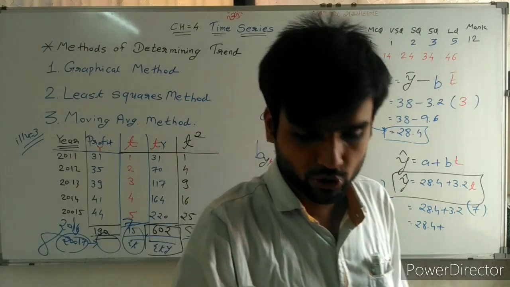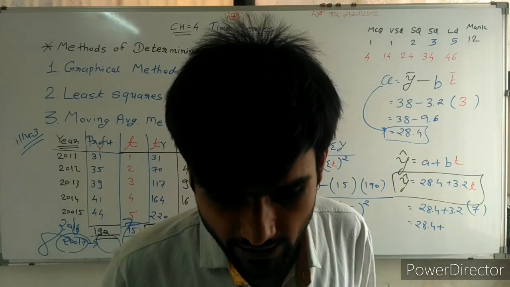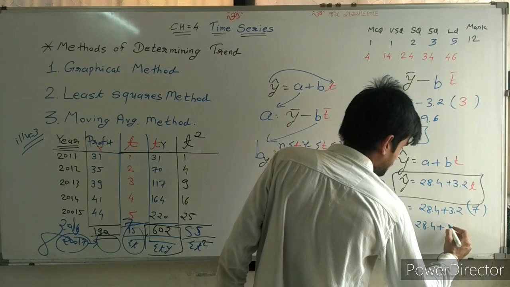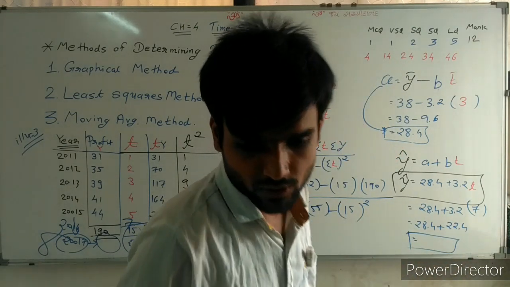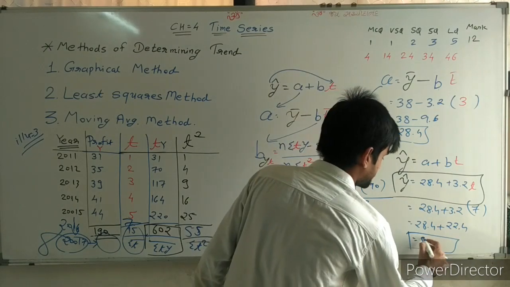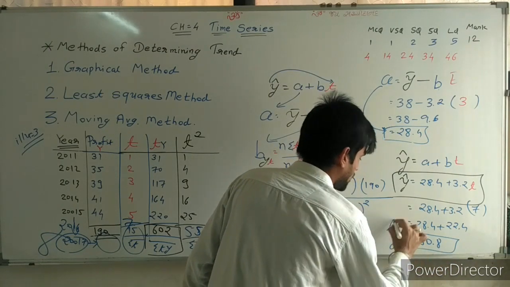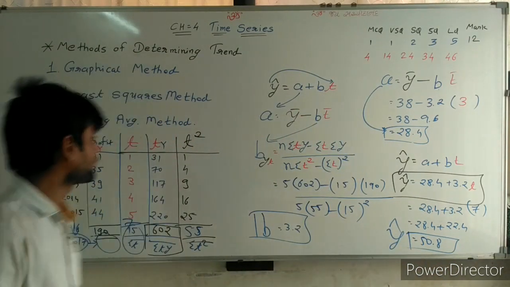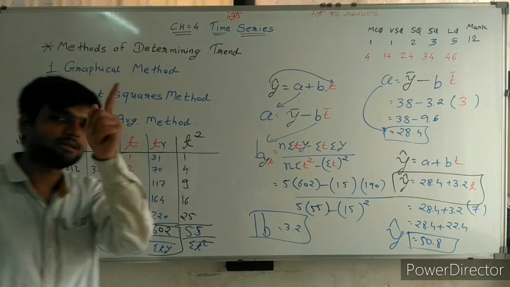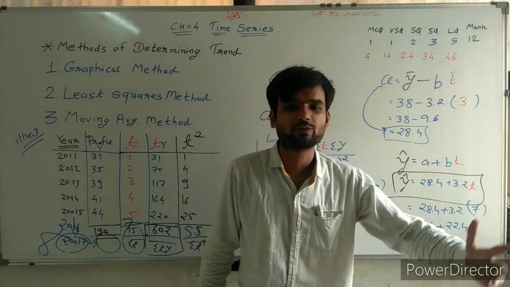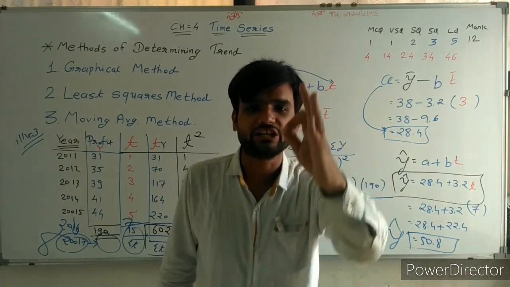So 3.2 into 7, you will get 22.4. And make the total of this, you will get 50.8. Now it is the value of y cap, the estimated value of y. Y means profit. So the estimated profit in 2017 is rupees 50.8.